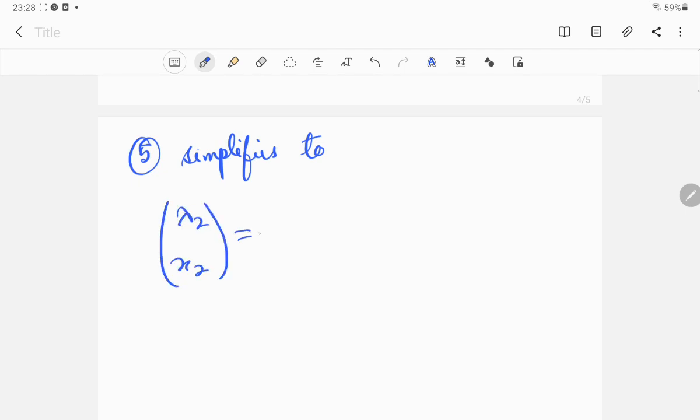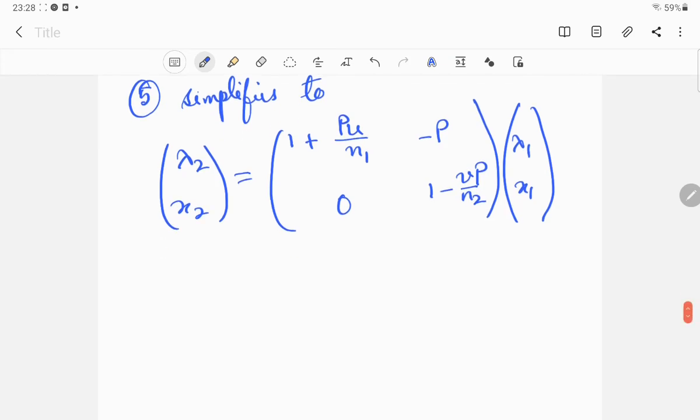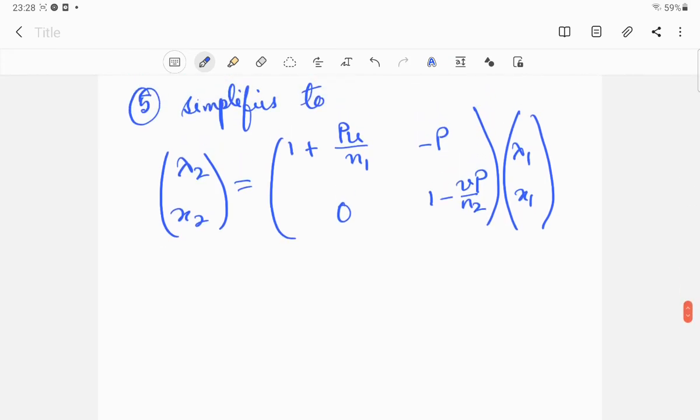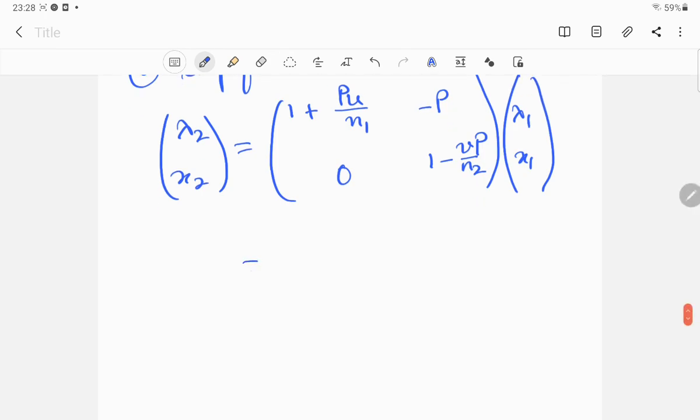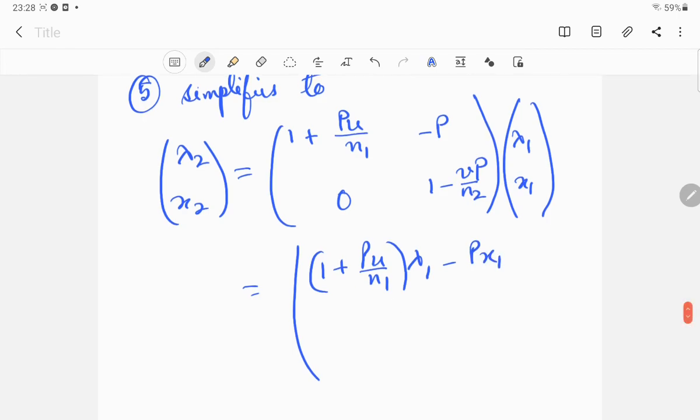Lambda 2 x2 is equal to 1 plus pu by n1 into lambda 1 minus p x1, then 0 plus 1 minus vp by n2 x1.